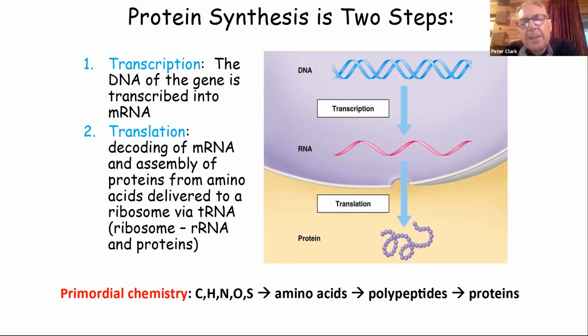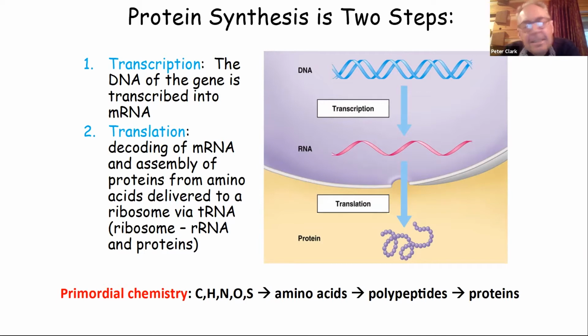So when we transcribe DNA to RNA, and in fact, this is messenger RNA, which now we are more familiar with as a result of our current predicament, it's called messenger RNA because it ferries the same information held in the DNA to a ribosome, and that ribosome is itself a mixture of proteins and RNA.